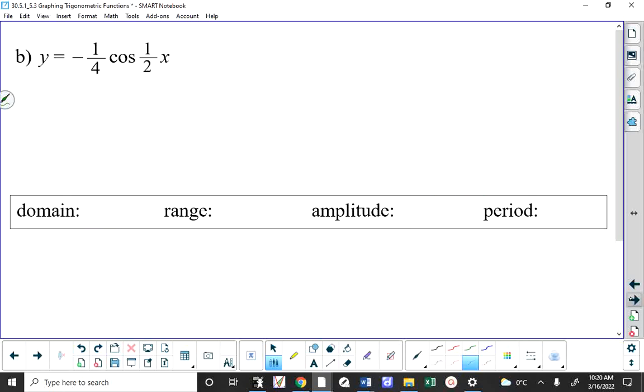Take a minute and write out the domain, range, amplitude, and period here. Put your hand up and then down if you've already done so. Okay. So I'll just give you a minute.